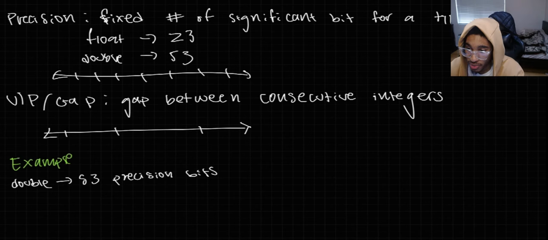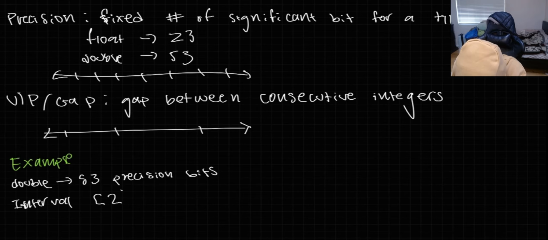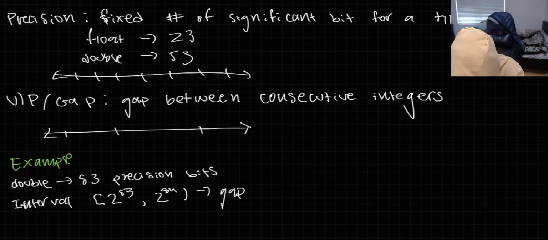And we can think of this gap as intervals. So in the interval 2 to the power of 53 and 2 to the power of 54, the gap between consecutive integers would be 2.